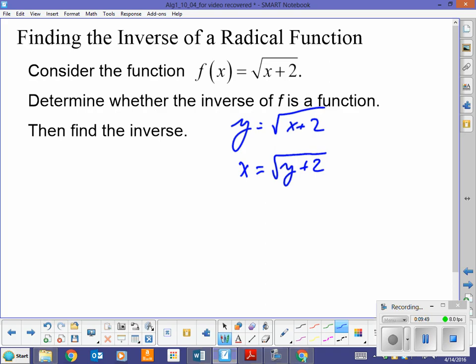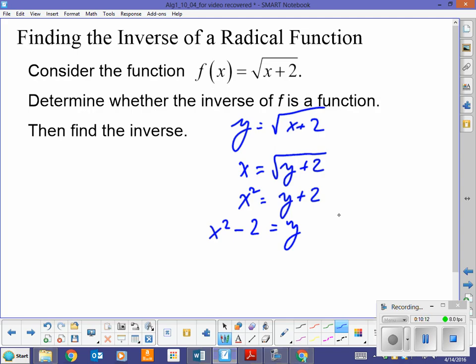So I'm going to square both sides in this case. So this becomes y plus 2, and this becomes x squared. And solving for y, then x squared minus 2 equals y.